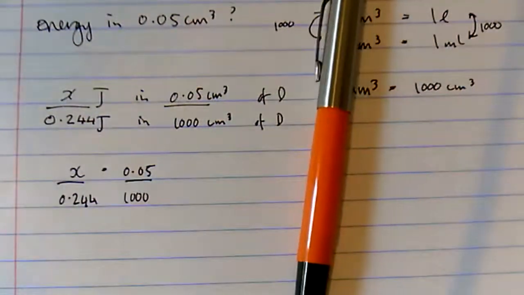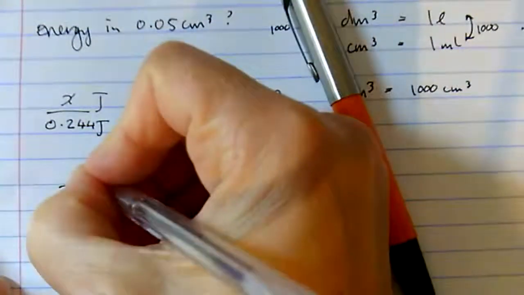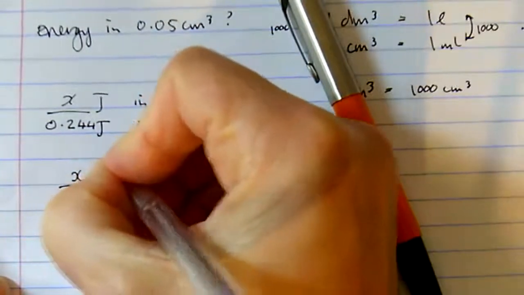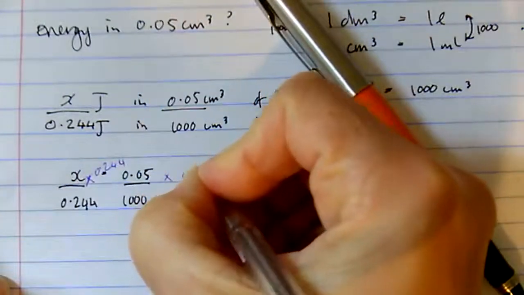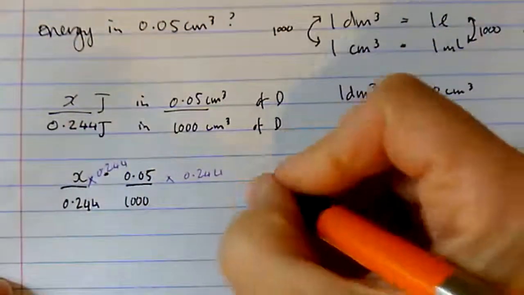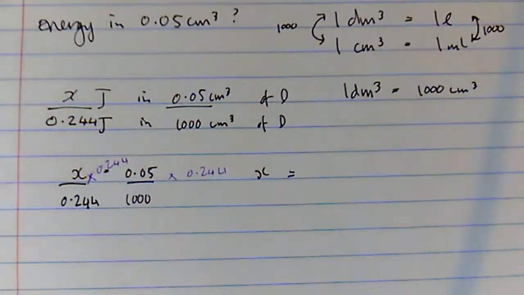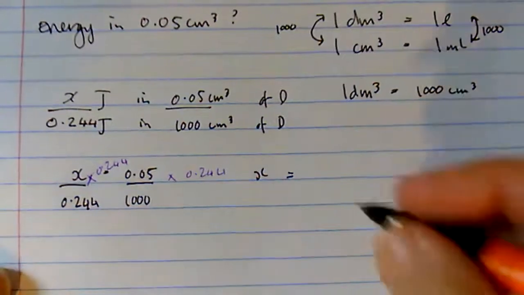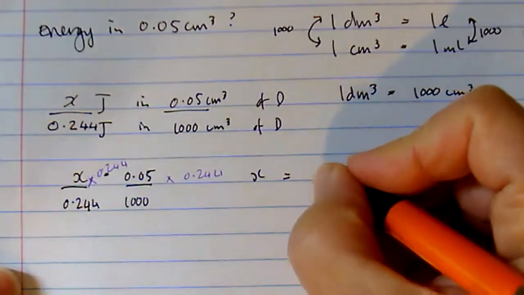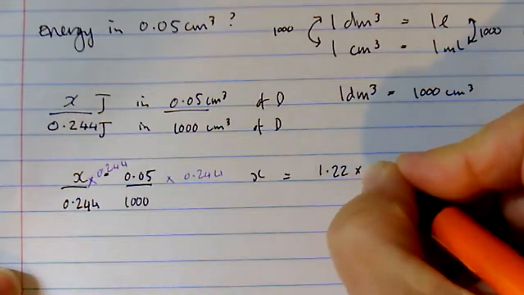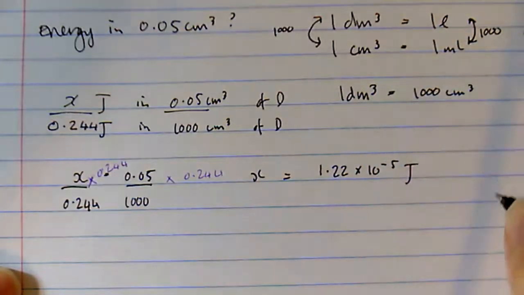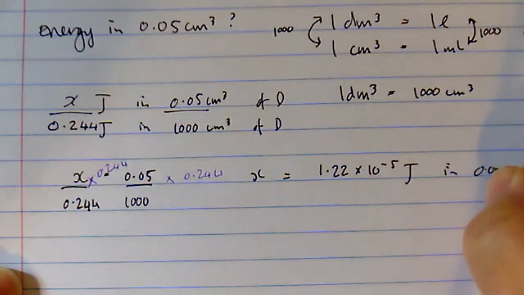Again, I'll multiply this side by 0.244. So I should end up with x being equal to a value of 1.22 times 10 to the minus 5 joules in 0.05 centimeters cubed of D.